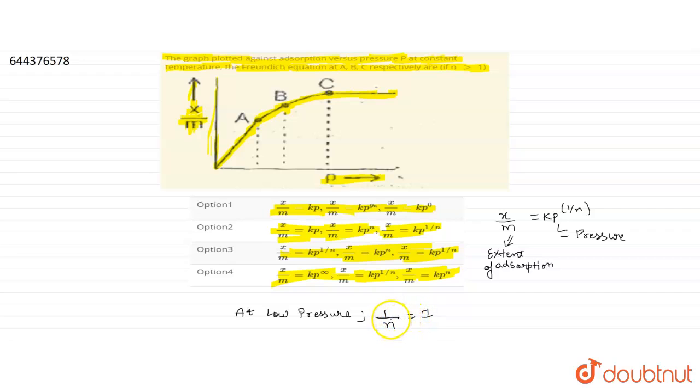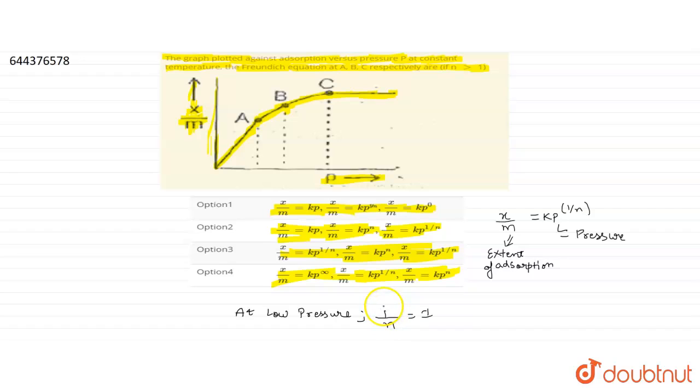Okay, and we know here n depends upon the nature of adsorbate and adsorbent, and this equation, or we can say this adsorption isotherm, is applicable only when the adsorbate substance forms a unimolecular layer on the adsorbent surface.